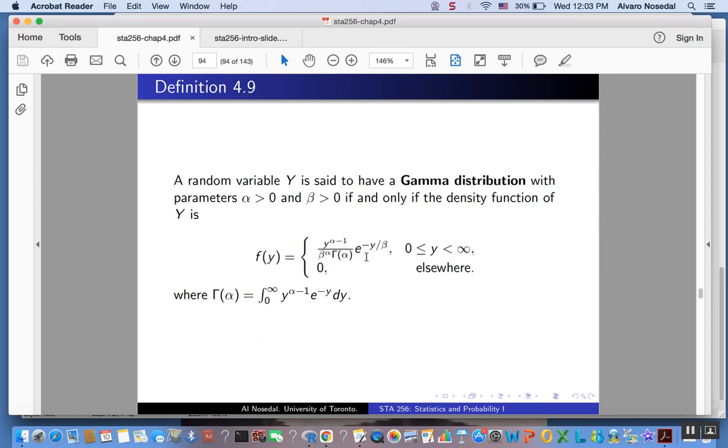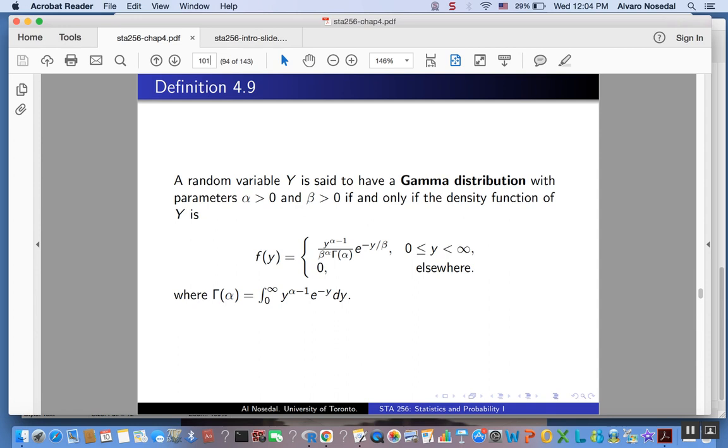So exponential distributions are particular cases of gamma distributions. Make sense? Okay. So another member of the gamma distribution family is the chi-square distributions. We will go back to this expression in a few minutes.